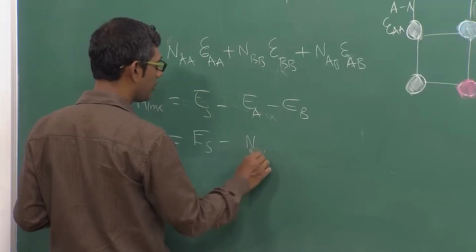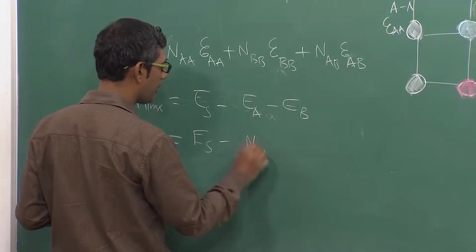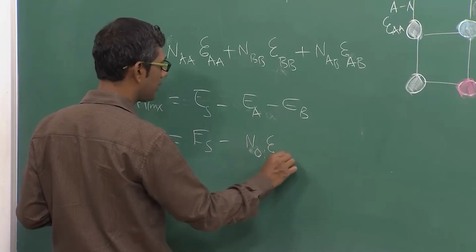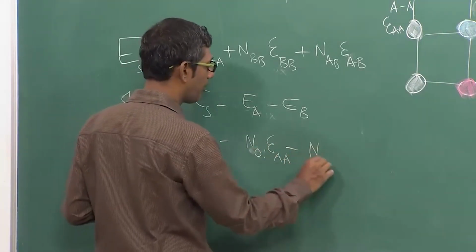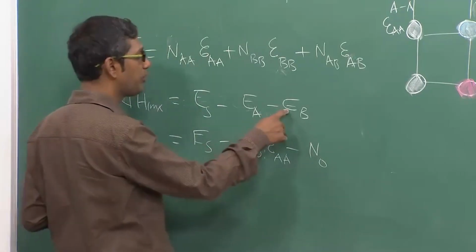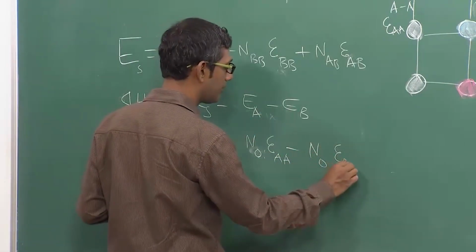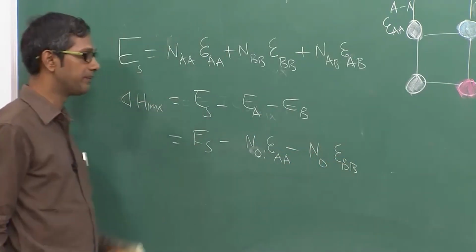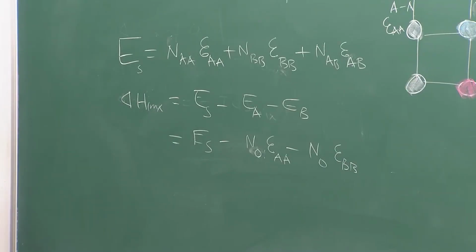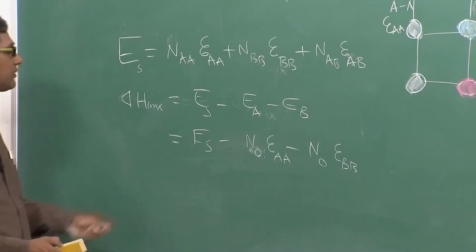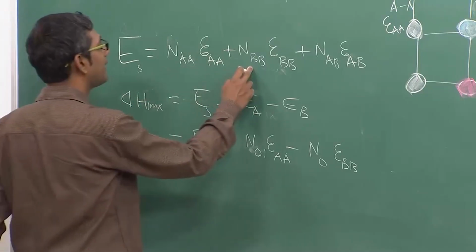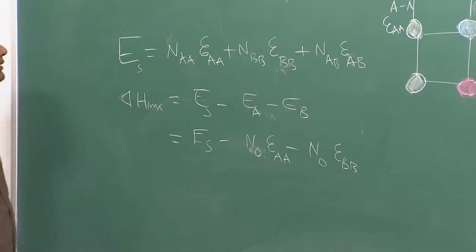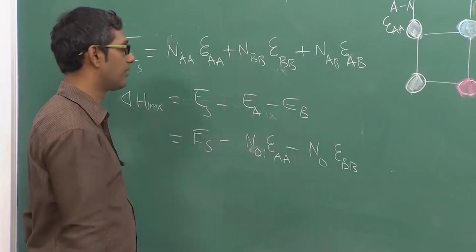Obviously, in 1 mole this will be equal to Avogadro number N0 multiplied by the A bond energy, plus Avogadro number of atoms in pure B multiplied by the bond energy of pure B. That is what you will get. So we have to find out the expression for NAA, NBB, NAB for the binary solution.